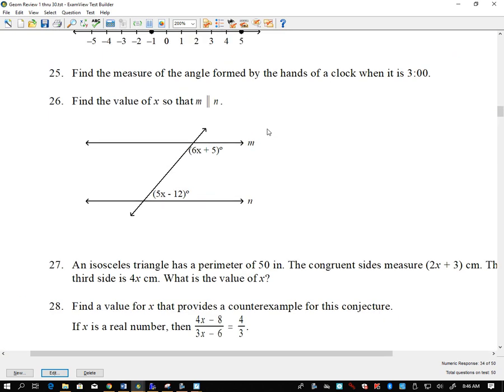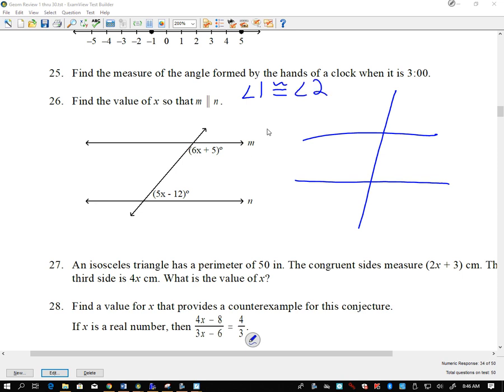Okay, basically what they're going to do is they're going to give you two lines cut by a transversal. We have to prove that those two lines are parallel. So they might give you something like this, where they're going to say angle 1 is congruent to angle 2, and they're going to show you this is 1 and this is 2.